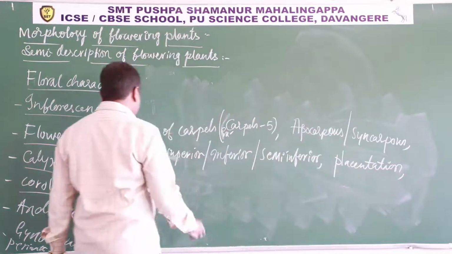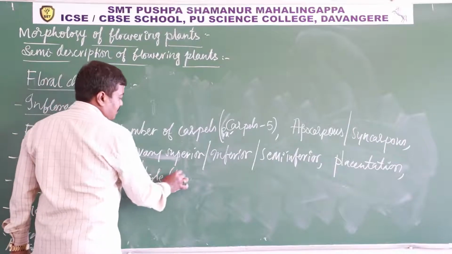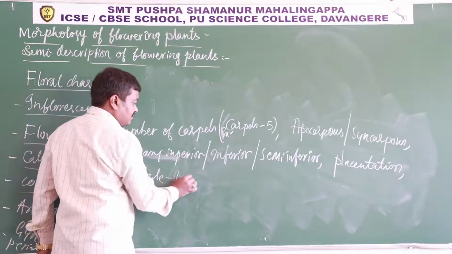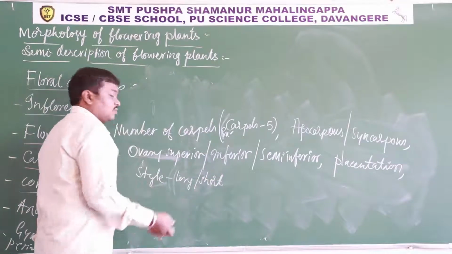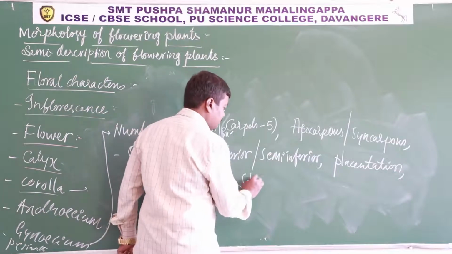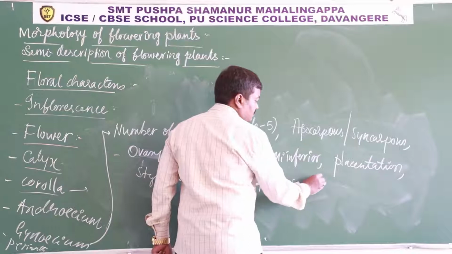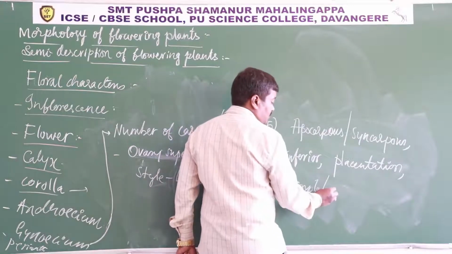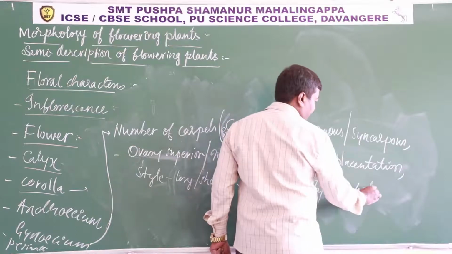After the placentation, you need to write the style character, whether it is long or short. Then stigma, whether it is simple or branched, that should be mentioned.